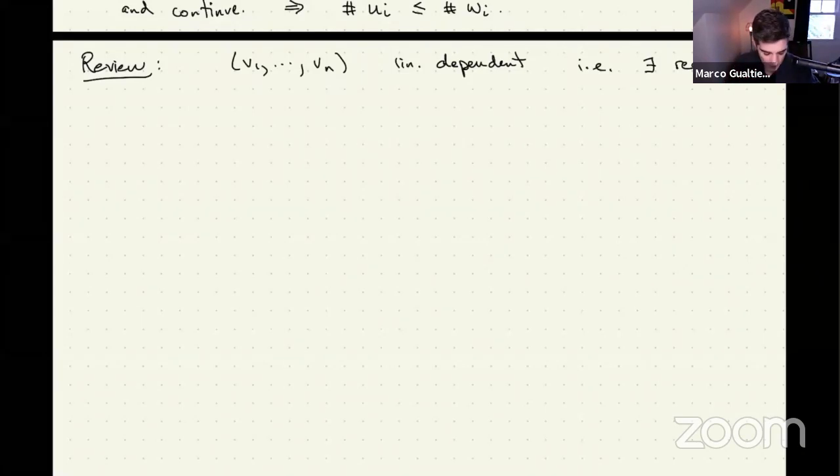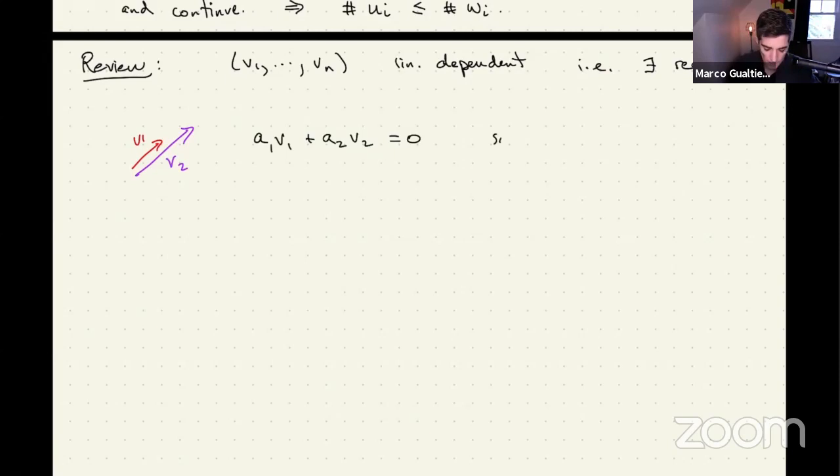So an example of a redundancy would be that two vectors are just scalar multiples of each other. If this was v_1 and this was v_2, then you would see that, for example, a_1 v_1 plus a_2 v_2 is equal to 0, where some of the a_i are not 0.